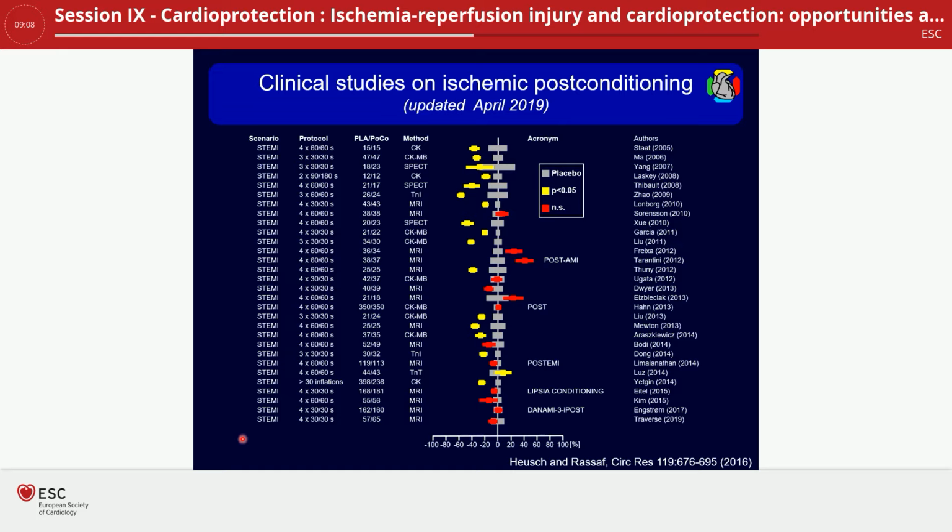And the data are more solid in the sense that they are not only based on enzyme releases, but also on true imaging of myocardial infarction with either SPECT techniques or MRI techniques. And as you can tell, not all studies are positive, but again, the majority of studies shows significant data towards the left, indicating that post-conditioning can be used in patients to reduce infarct size.